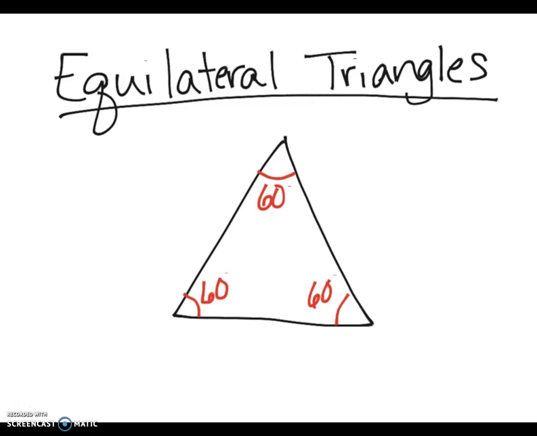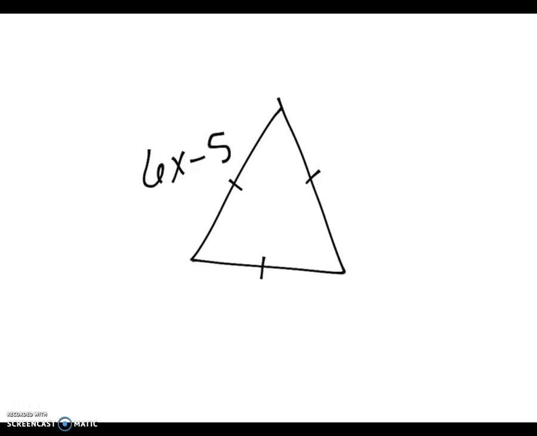A lot of your questions in this section are going to involve things like they're going to tell you this is an equilateral triangle, and then they want you to solve for x. They'll give you an equation over here and a number over here, and they want you to solve for x.